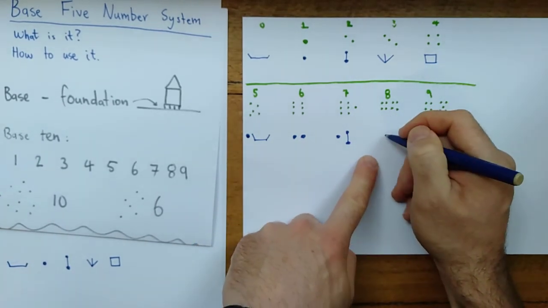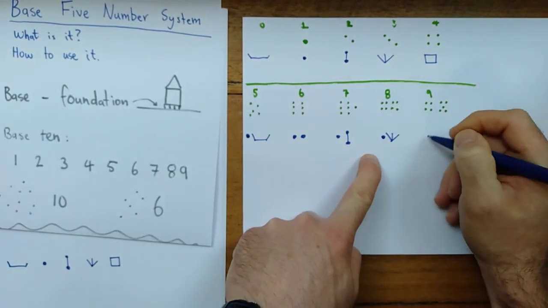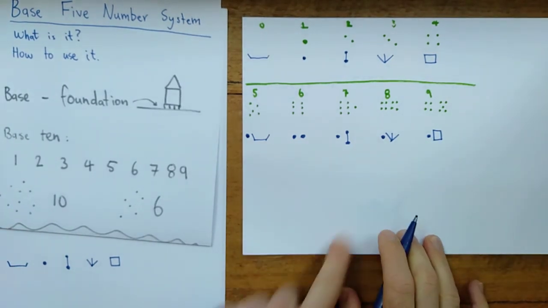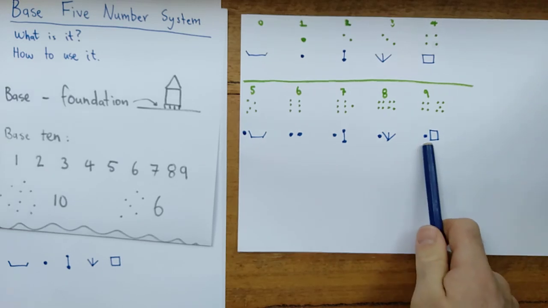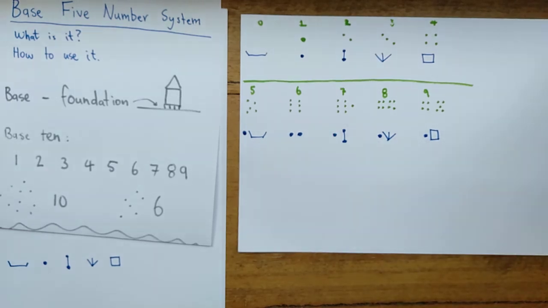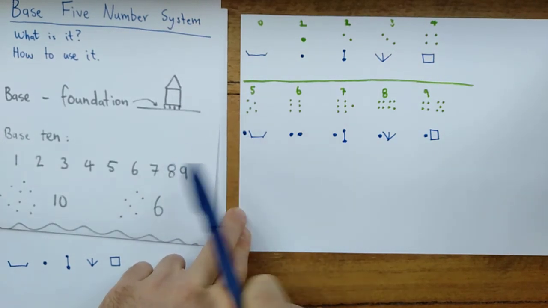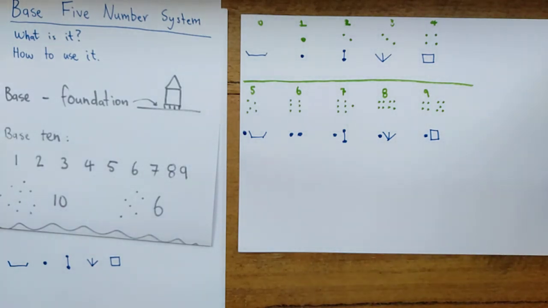So for 8 things, for 9 things, I represent them with the dot and then the square. And I suppose the important thing to note here is that this first dot, the dot on the left, represents a 5.